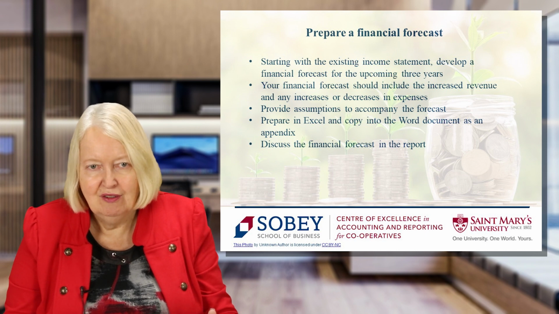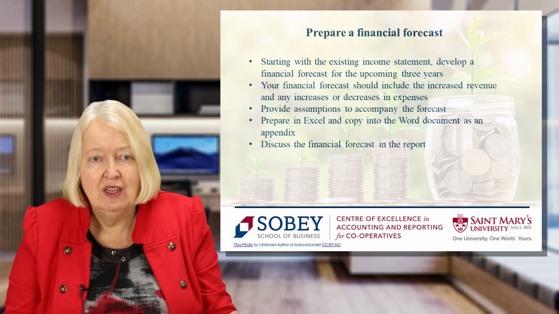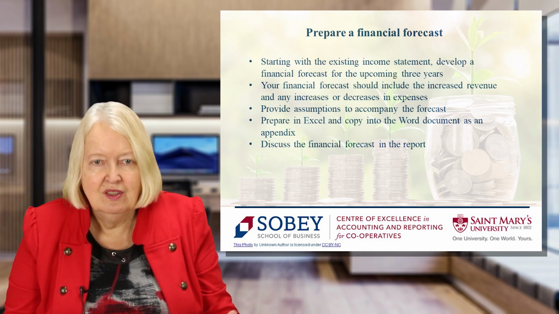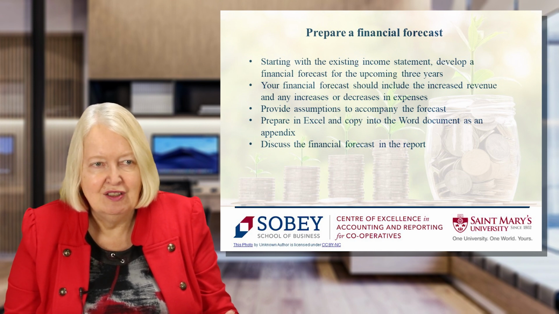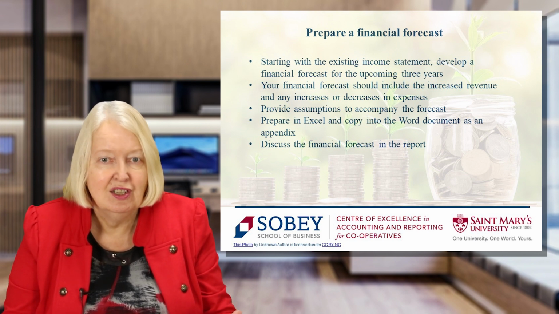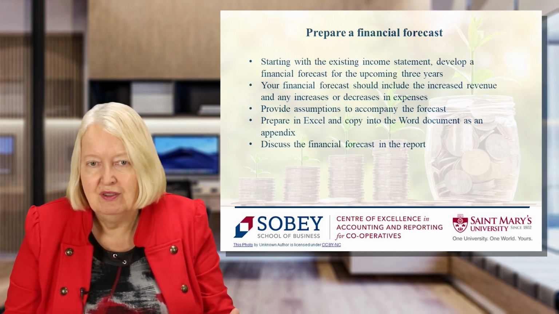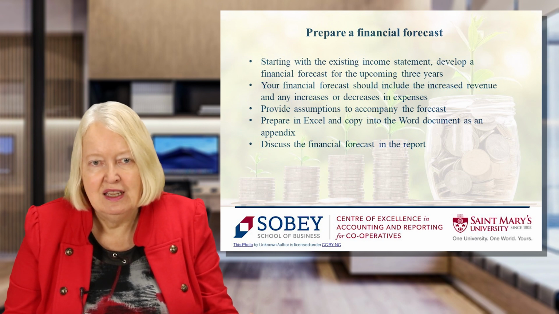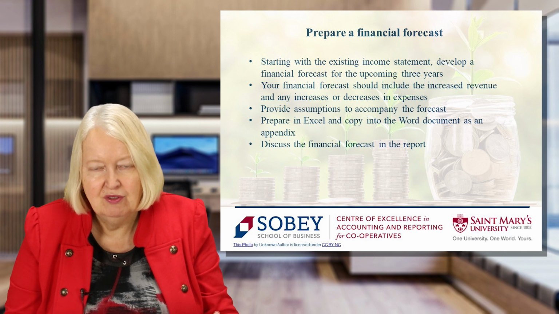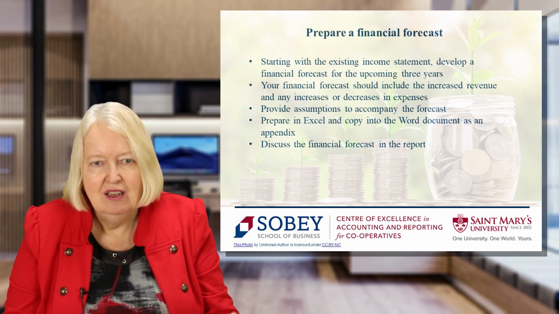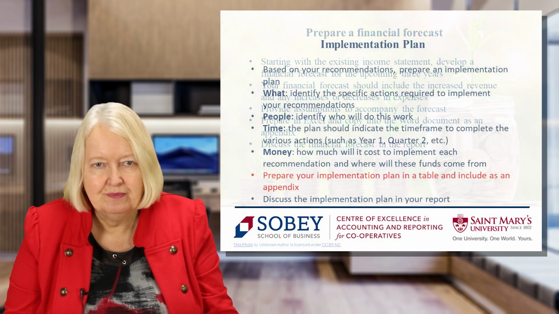So the idea here is you'll identify the sources of your financing. So if you're going to put an extension on the building, for example, or build a new building, or whatever it is you're going to do, you have to identify how much it's going to cost and where that money is coming from. And then you have to look at your projected revenue streams and your projected expenses for 3 years.